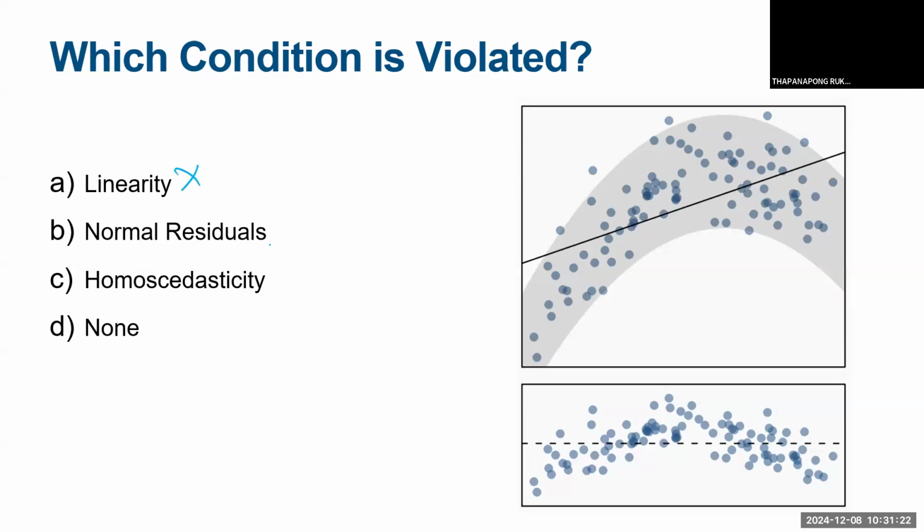What about the normal residue? If you look at the residue plot, if you take this band, most of the points are near zero, and then some are outside, right?